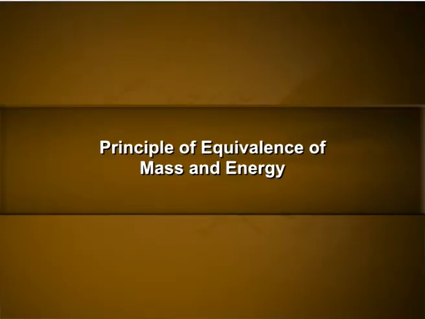Principle of equivalence of mass and energy. The relativistic equation for the kinetic energy of a body is Ek = mc² − m₀c² from equation 5. So ΔEk = Δm c². This equation means that there is an increase in kinetic energy of a body when its mass changes by Δm.